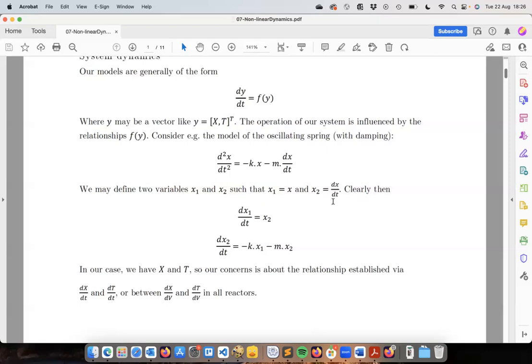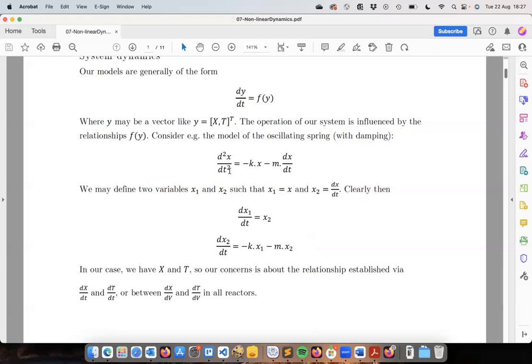So it's going to be d/dt of dx/dt, which is nothing but d2x/dt squared. So the derivative of x2 here is going to be the same as the left-hand side here. Now we have something that looks like a first order ODE. If you follow the rest of this, you've got kx, which we write as kx1, and then you've got m times dx/dt. So we know that's an x2.